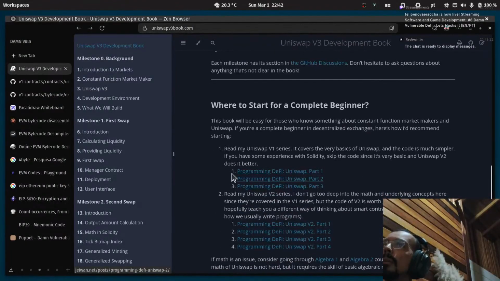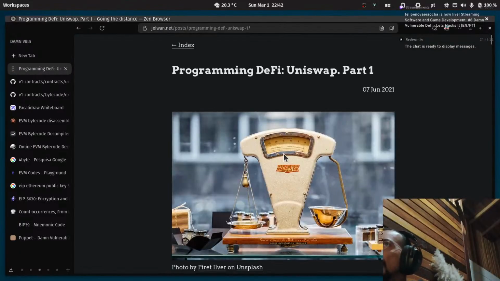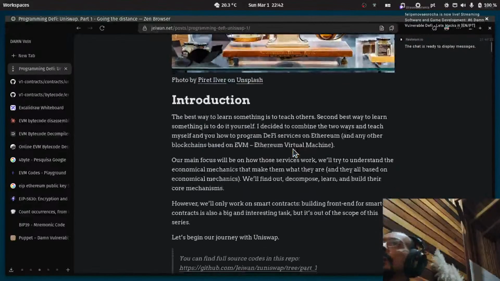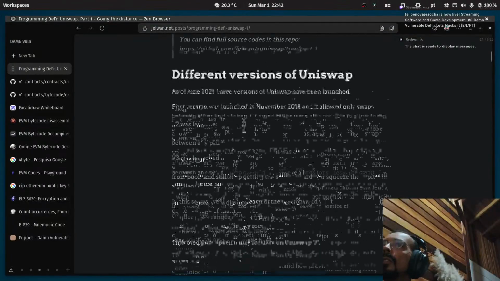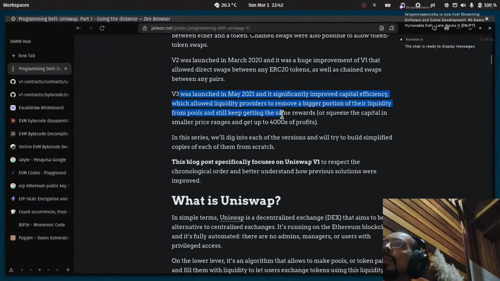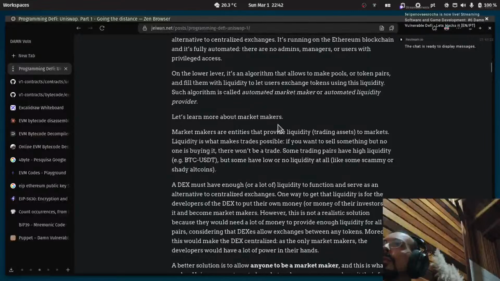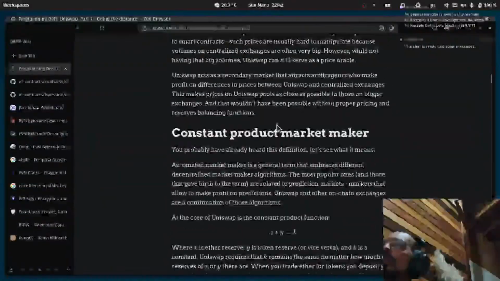Yeah, here I think that's the V1. Yeah, we should be reading that. So different versions tell about the V1s. So V3 was launched.